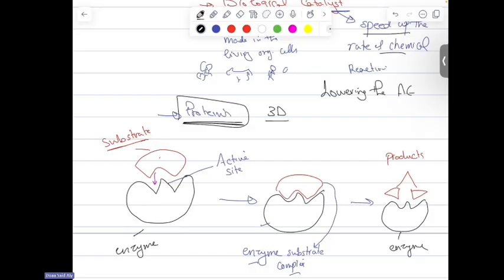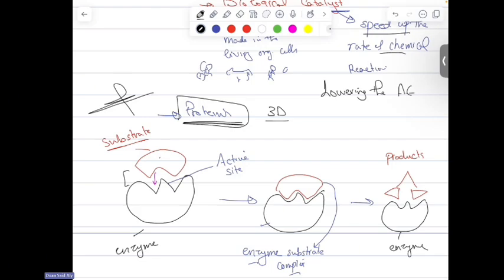This diagram is very, very important, and 95% it will come, inshallah, in the final exam. So again, the substrate binds to the active site of the enzyme. Why do they bind together? Because they have a complementary shape. Complementary shape means they complete each other, like puzzle pieces.